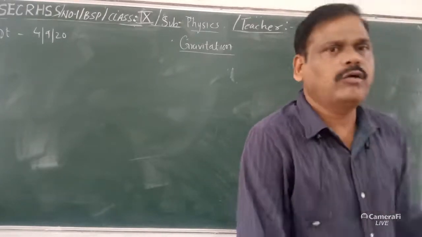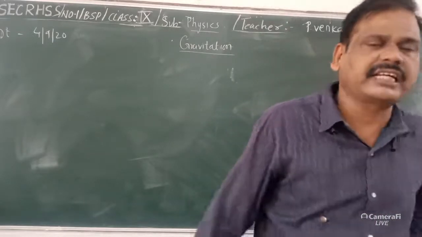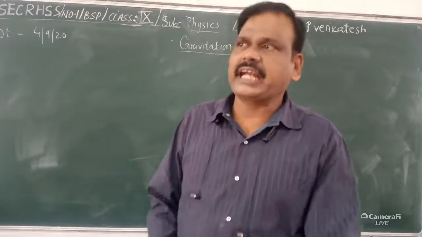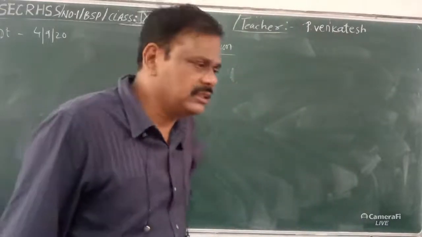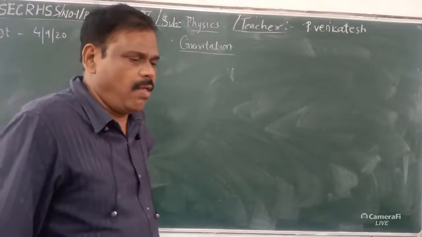According to this law, every particle of matter in the universe attracts the other with a force which is directly proportional to the product of the masses and inversely proportional to the square of the distance between them.